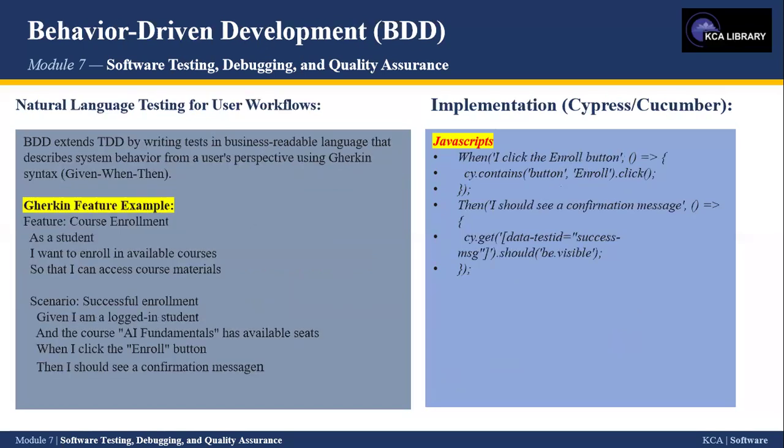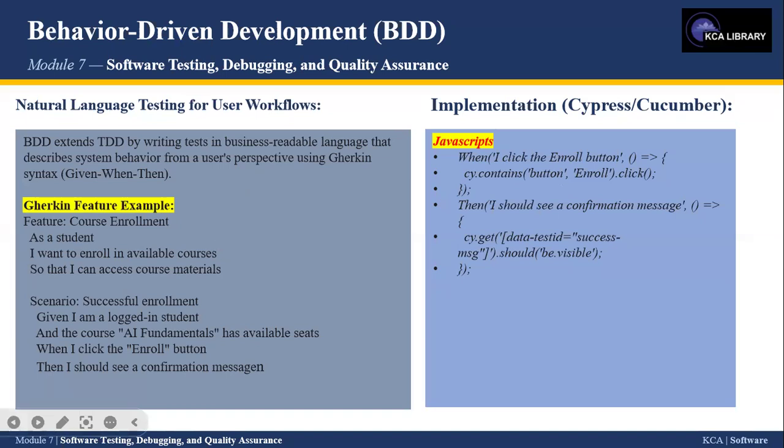BDD extends TDD by writing tests in business-readable language using Gherkin syntax: given, when, then. Feature example for course enrollment. Gherkin feature: course enrollment. As a student, I want to enroll in available courses so that I can access course material.